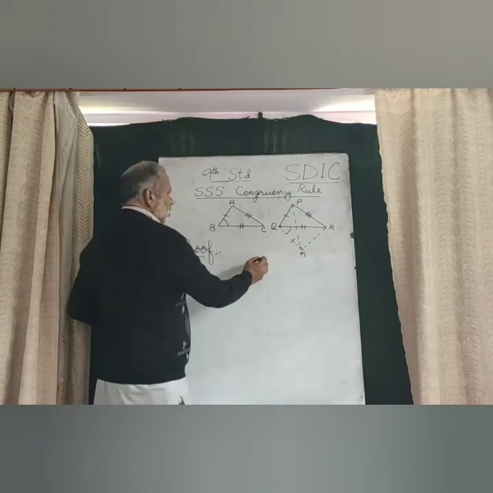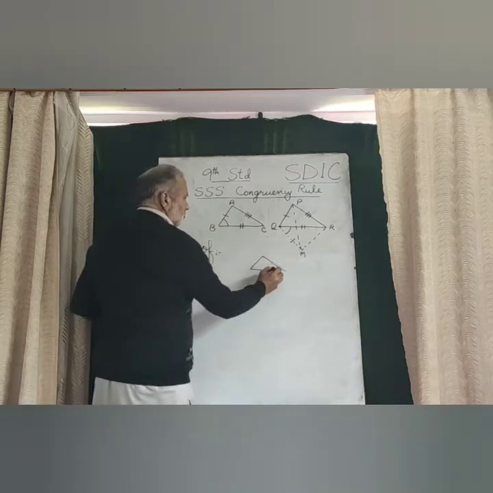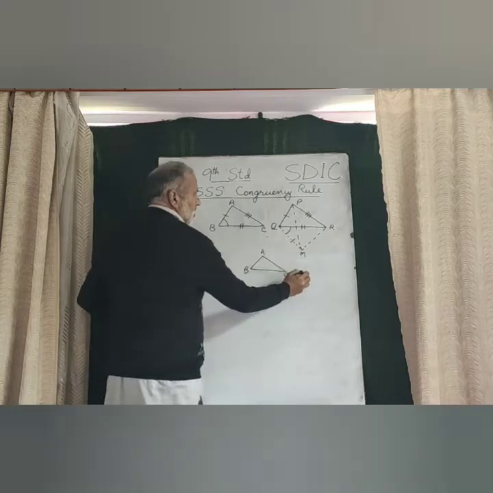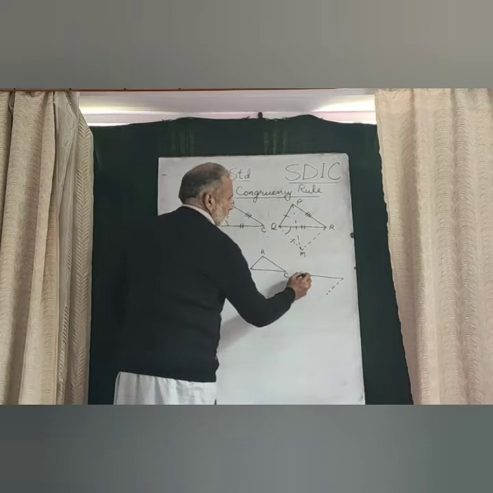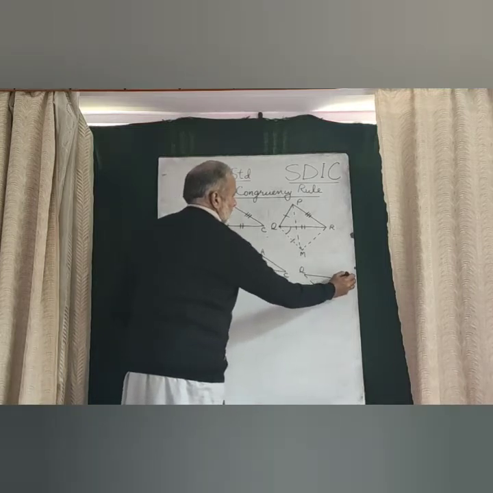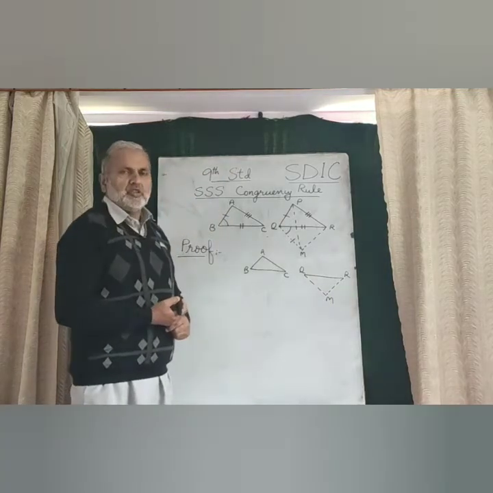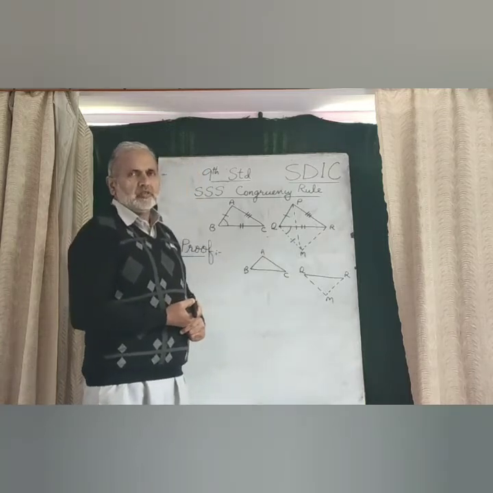I will roughly draw these here. Triangle ABC, this one, and triangle QRM, that is formed like this, dotted lines are there. These two triangles, QRM is this triangle. We'll first prove these are congruent by the congruency rules we have earlier come across.